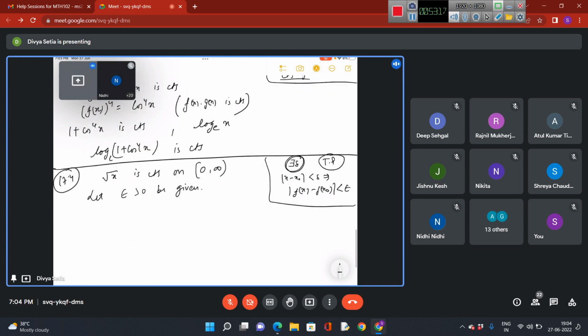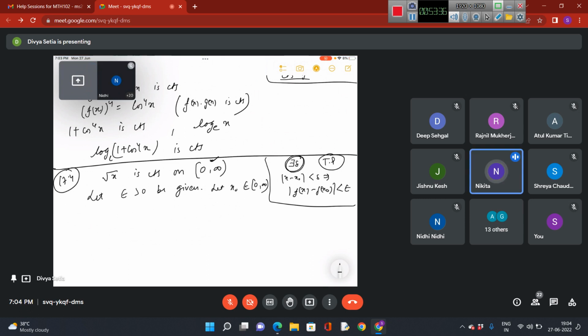So now let's see how to construct this delta, and consider some point between 0 to infinity. Fine. Why is the domain 0 to infinity? Why are negative numbers not involved here? It would be complex. Yes.